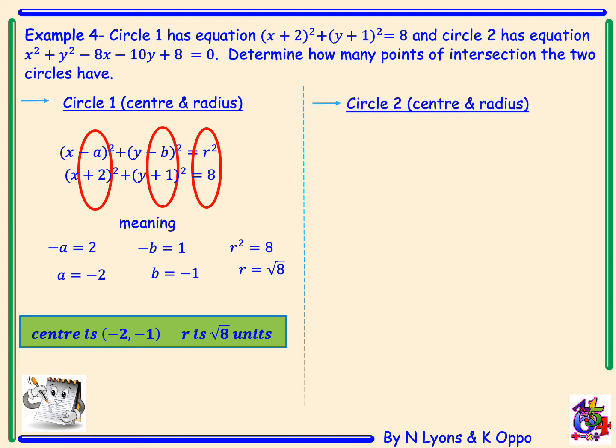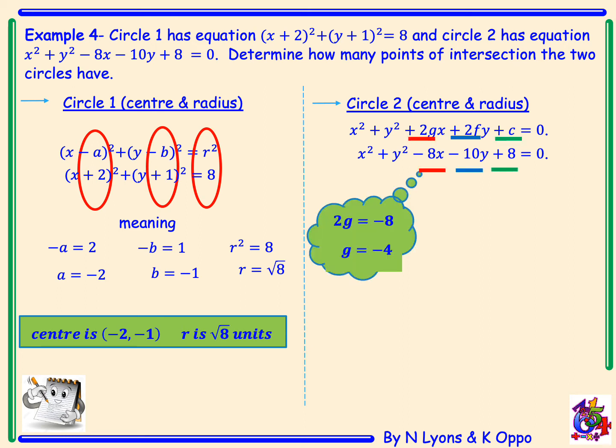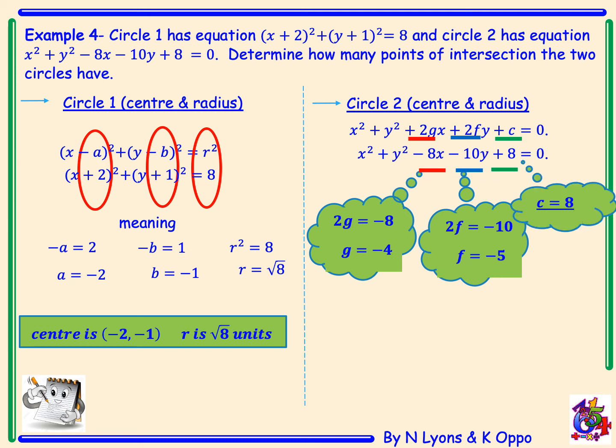Looking at circle 2, again we'll write down the general form of the equation of a circle, and this time we're comparing coefficients to obtain g and f. So 2g is equal to negative 8, therefore g is minus 4. 2f equals minus 10, therefore f is minus 5, and c is equal to 8.